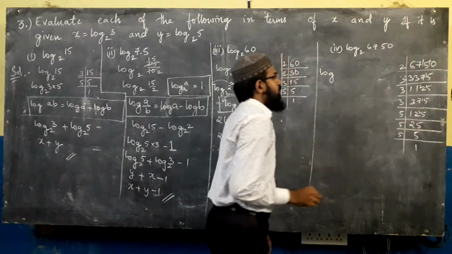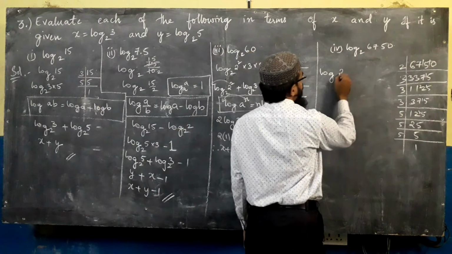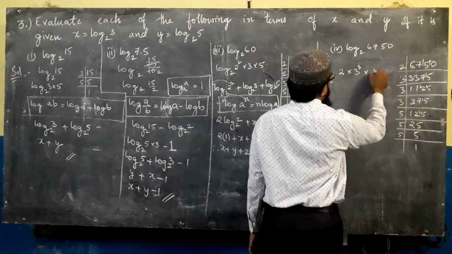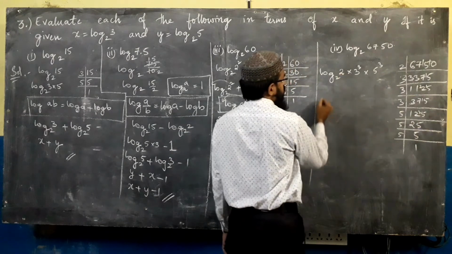So let us write the factors: 2 is 1 time, into 3 is 3 times, into 5 is 3 times, base 2.